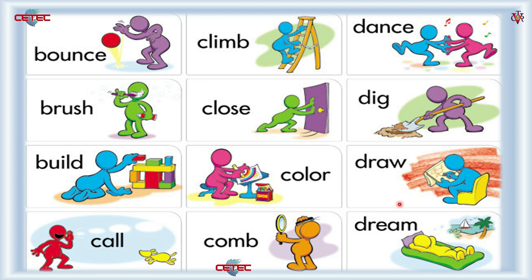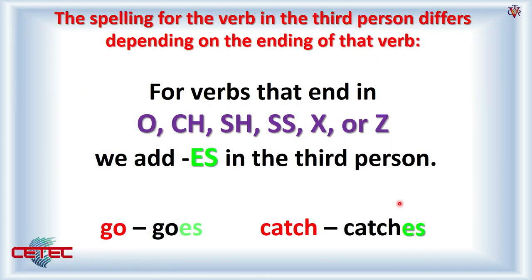But now we have to check something that we have to learn. The spelling for the verbs in the third person differs depending on the ending of the verb. Rule number 1. For the verbs that end in O, CH, SH, double S, X, or C, we add ES in the third person.